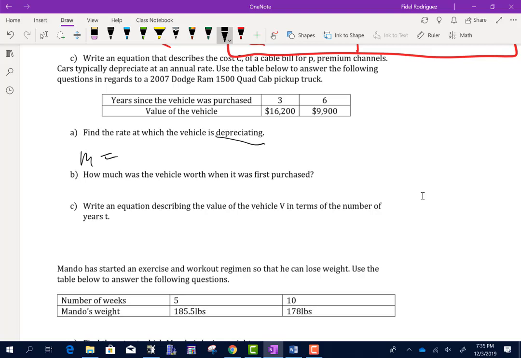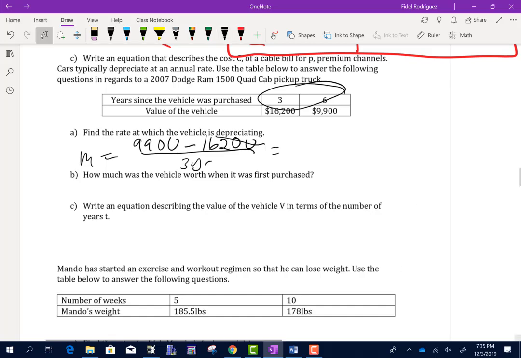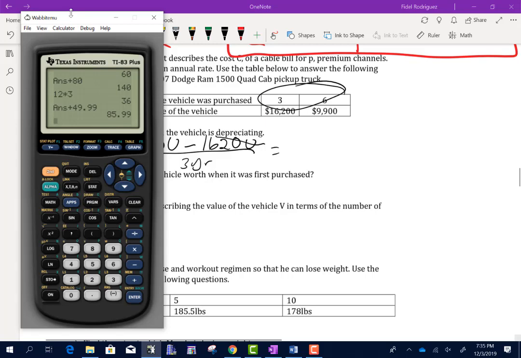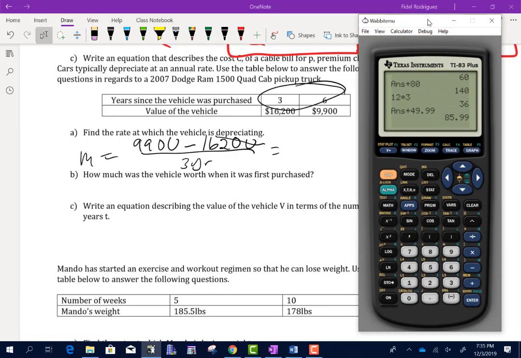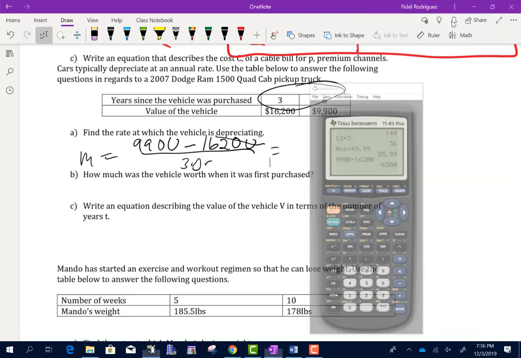We're losing value. Okay, so we're going to take 9,900 minus 16,200. How many years have elapsed here? 3 years, right? In a 3-year time frame. So let me take my calculator, move it over to the side. 9,900 minus 16,200 is, it looks like it went down $6,300.